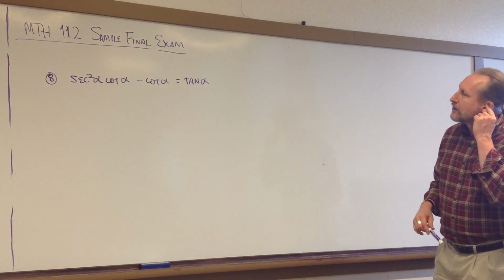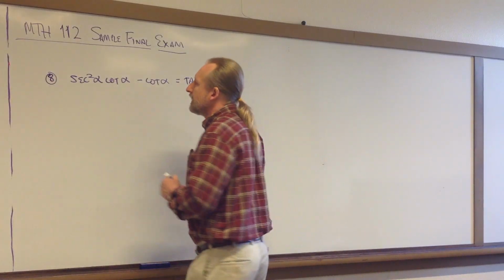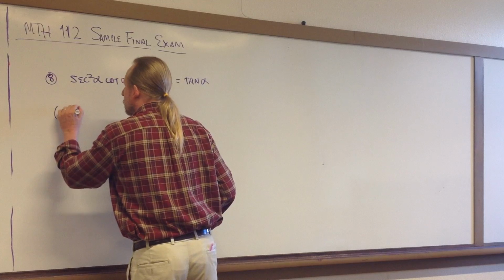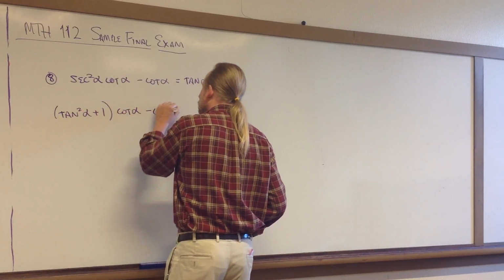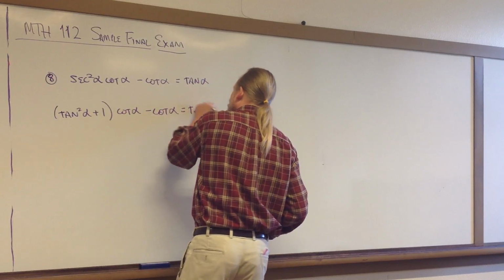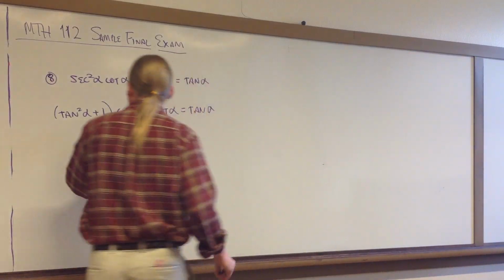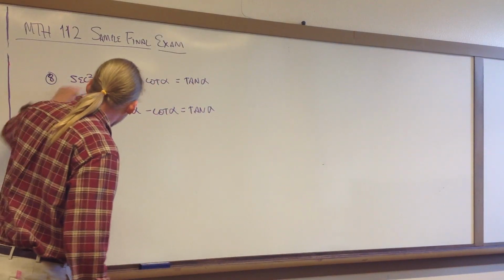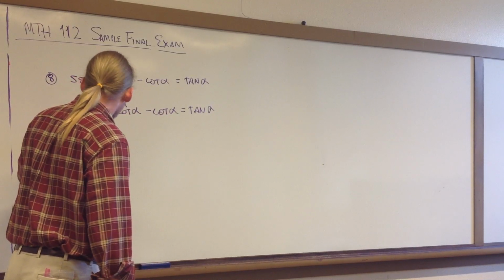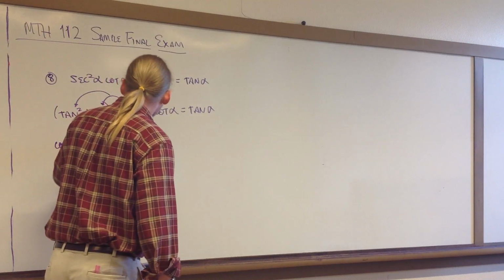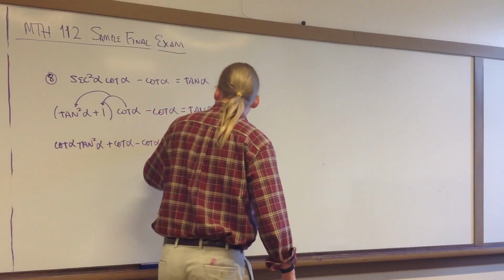So let's see here. If we started, I'll do a couple of them. So if we started by rewriting this as tangent squared alpha plus 1 times cotangent alpha minus cotangent alpha is tangent alpha. All right, so if we distribute the cotangent into the parentheses, that'll be cotangent alpha times tangent squared alpha plus cotangent alpha minus cotangent alpha equals tangent of alpha.